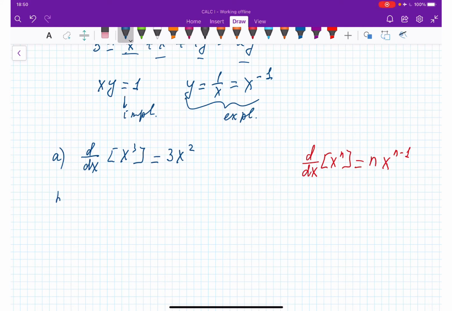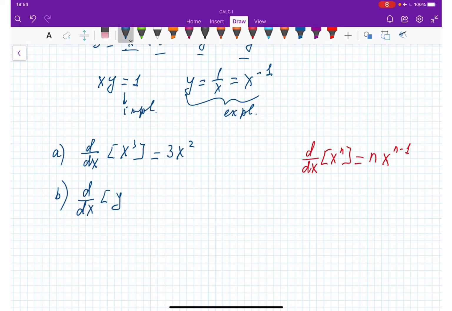Next example. Now, taking the derivative by x of y cubed. So, look what's happening. Here we are taking the derivative by x, but it's given in y. So the variables here don't match.